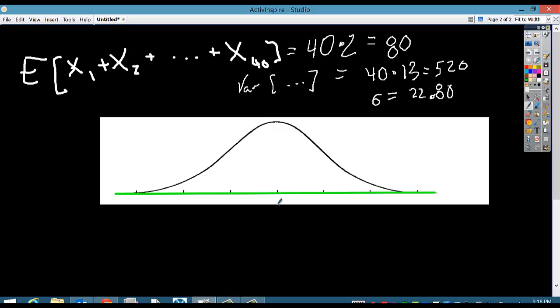We've got to go down here, and we need to put down our center, which is 80, right? Because now we're making the graph of this random variable, which is the combination of all this. Expected value in the center is the 80, and then the standard deviation is 22.80.